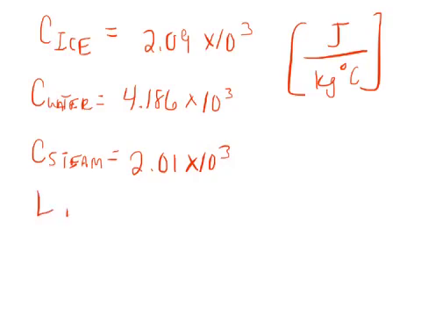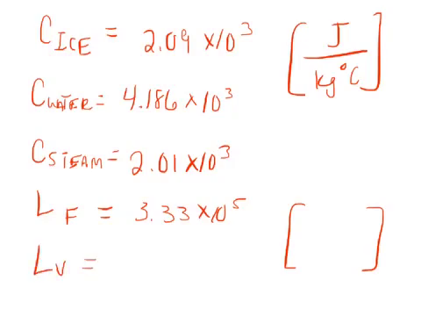The latent heat of fusion, meaning the amount of energy required to go from a solid to a liquid, is given as 3.33 times 10 to the fifth. I'm going to go over those units in a second. And the latent heat of vaporization, meaning to go from a liquid to a gas or a gas back to a liquid, is given as 2.26 times 10 to the sixth.